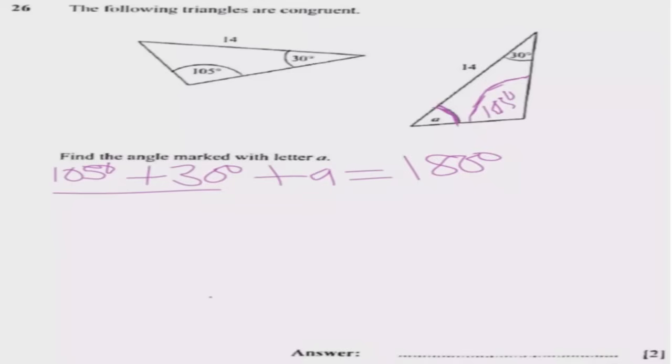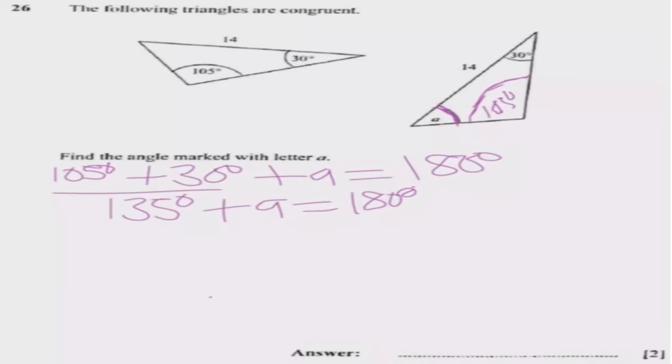So 105 degrees plus 30 degrees will give us 135 degrees plus A is equal to 180 degrees.